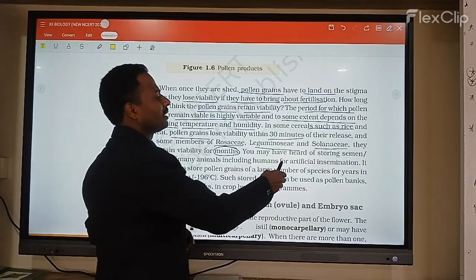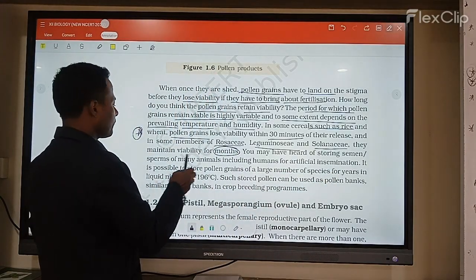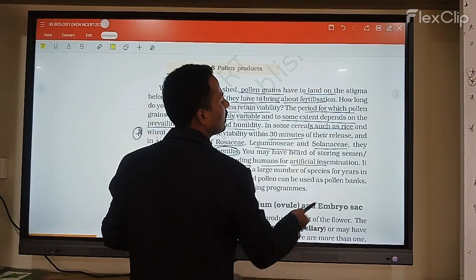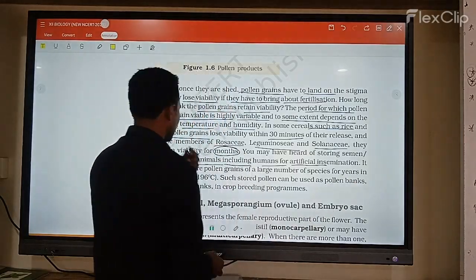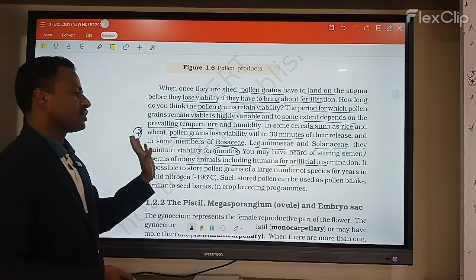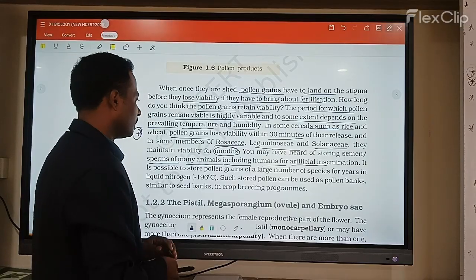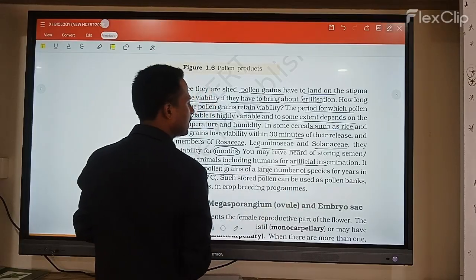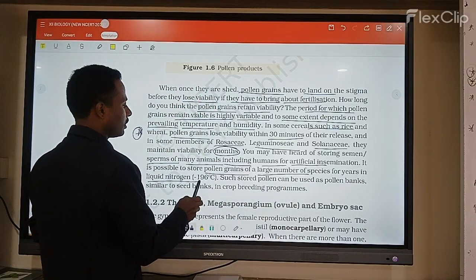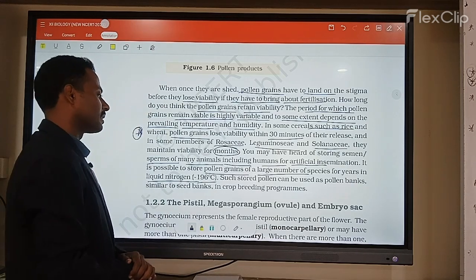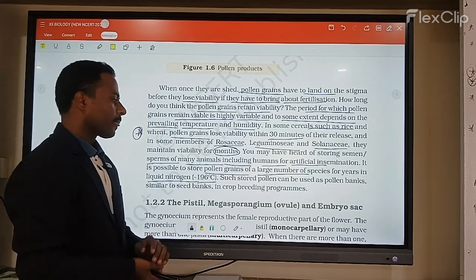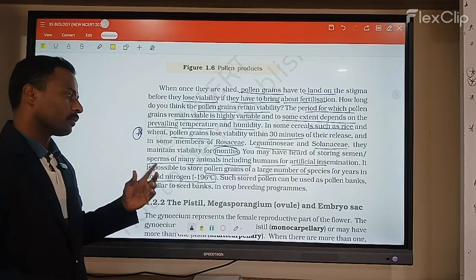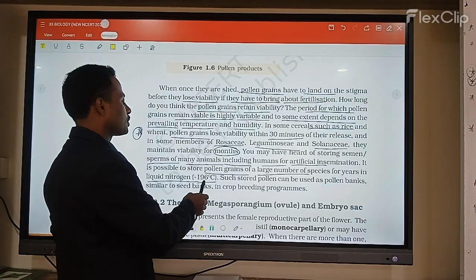You have heard of the semen or sperms of many mammals, including humans, being stored for artificial insemination. Similarly, it is possible to store pollen grains of a large number of species for years in liquid nitrogen at minus 190 degrees centigrade.